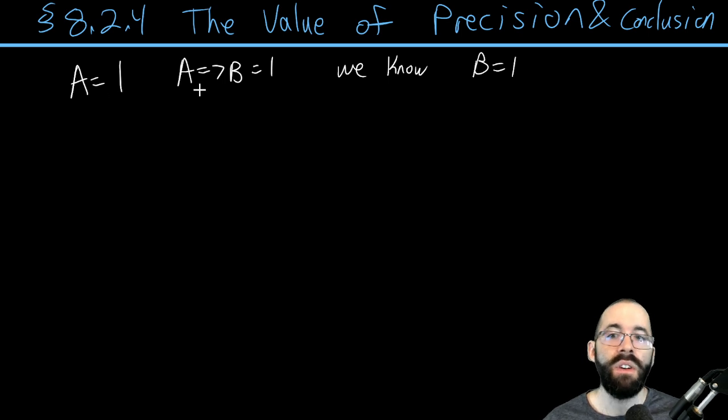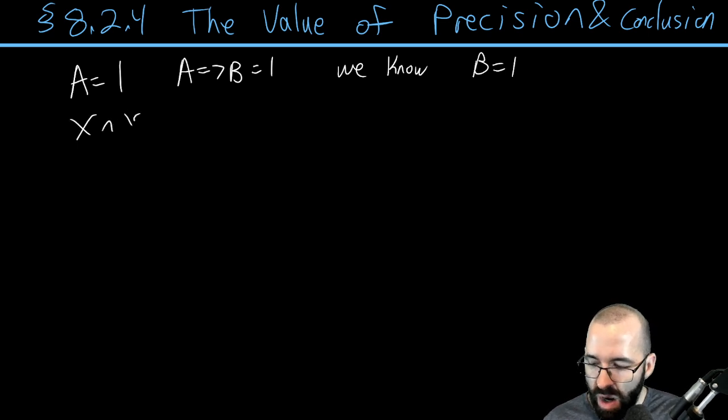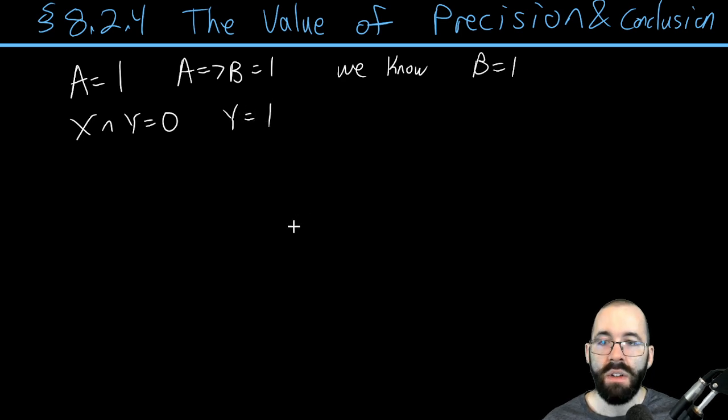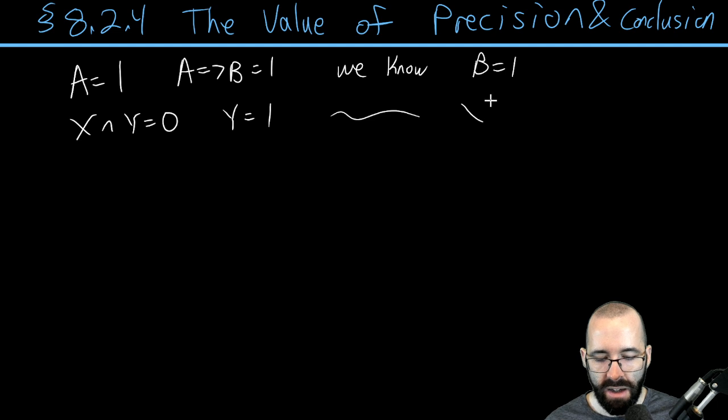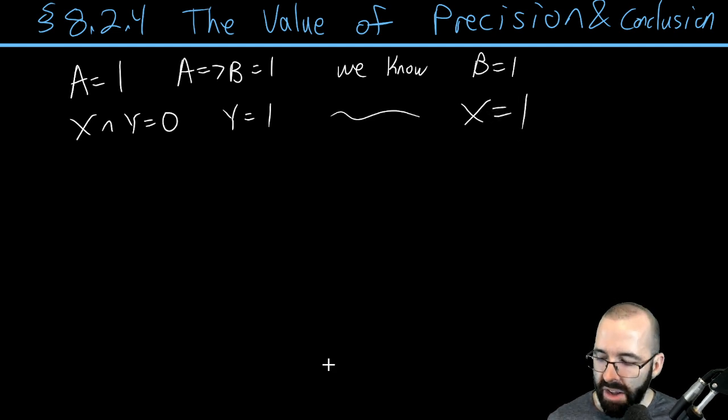Or similarly, we could do something else: if X and Y is false and Y is true, well, X has to be false. You can think about those if it's not immediately obvious, but that's pretty much what we got.